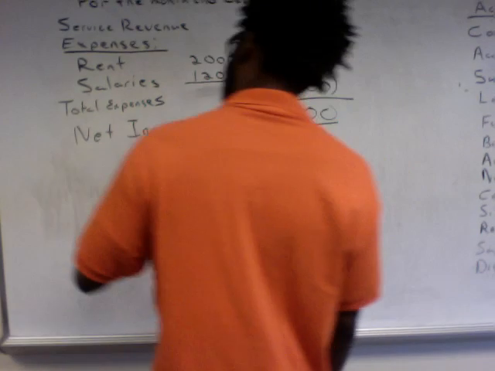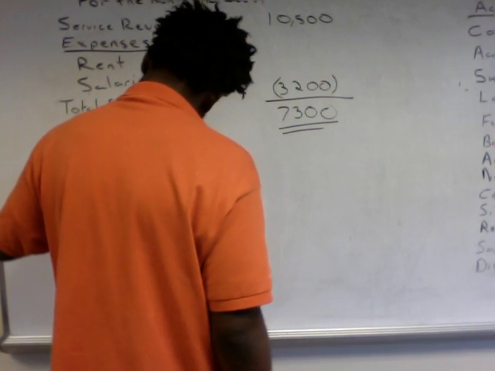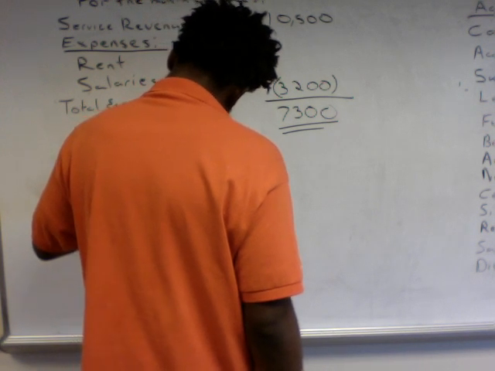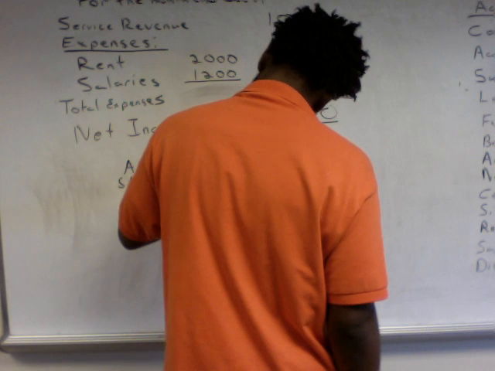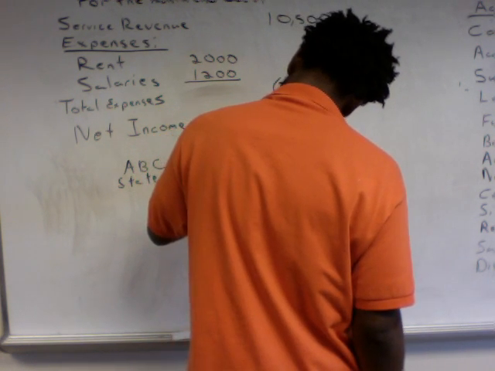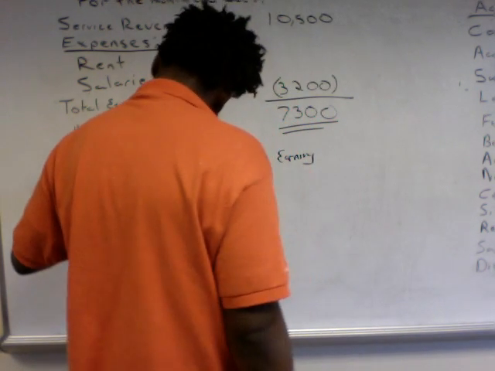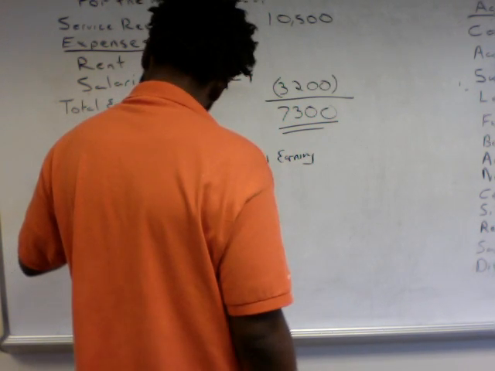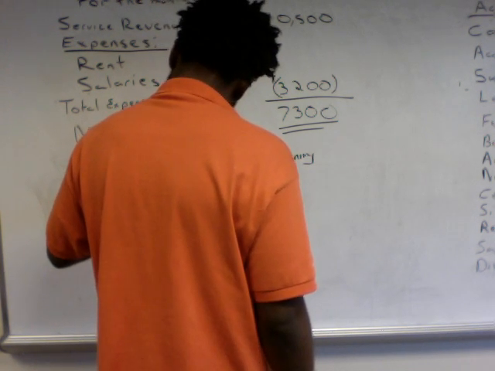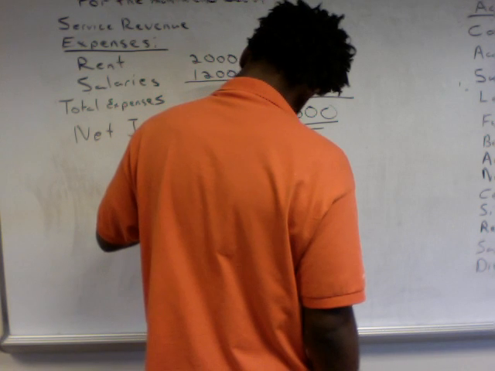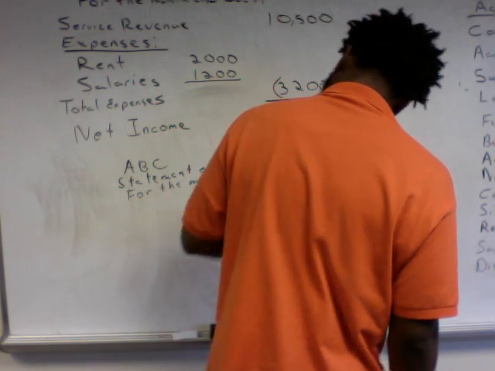So again, we're going to start with the company name, the type of statement, and the date. The statement for retained earnings is a period. So we're going to say for the month ended December 31st.